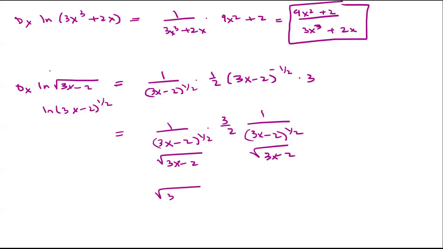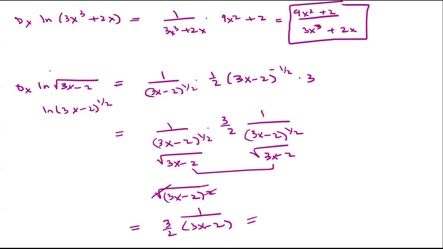And then I can combine those together. So that becomes 3x minus 2 squared, if I combine these two together. And so when I do that, the radical and the square go away. So then I'm left with 3 over 2 times 3x minus 2. Or some of you had distributed that, which is fine.